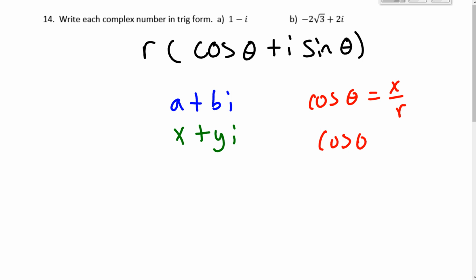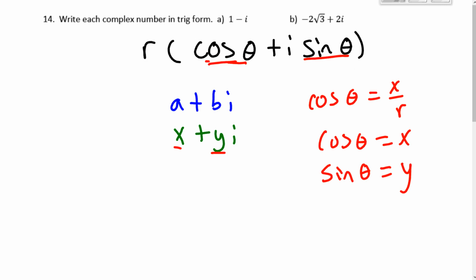So cosine of theta is basically just x, and similarly sine of theta is equal to y. So that's where you can see this is x plus yi, and we get cosine of theta plus i sine, so it's kind of like x plus iy.